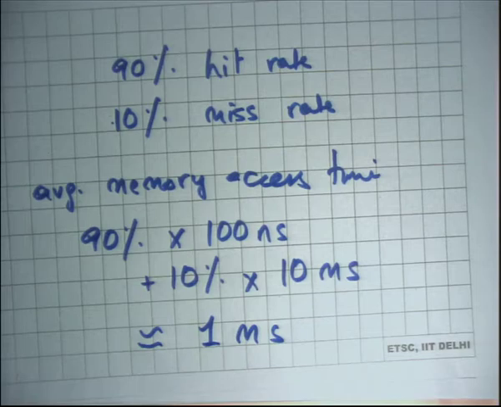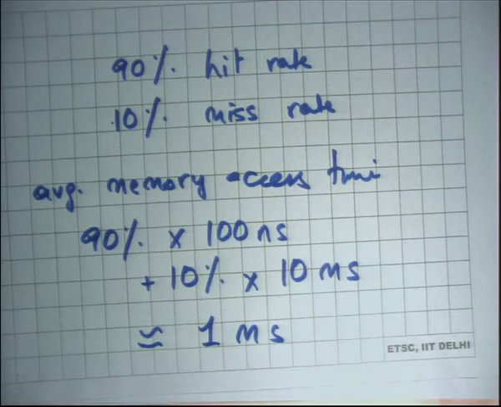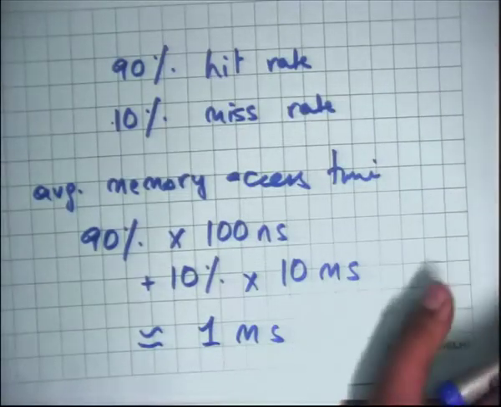That's very bad. Your actual physical memory takes only 10 to 100 nanoseconds, and now with a 90% hit rate you are basically executing at the speed of the disk, which is completely unacceptable. These kinds of numbers are absolutely not acceptable.